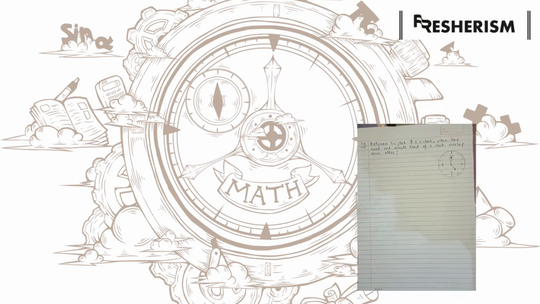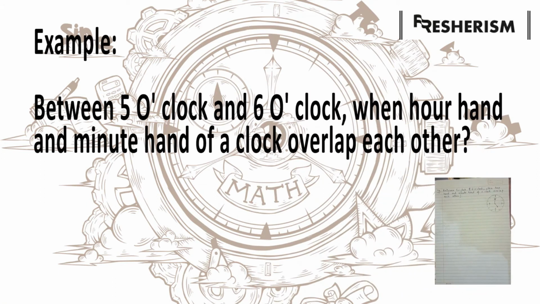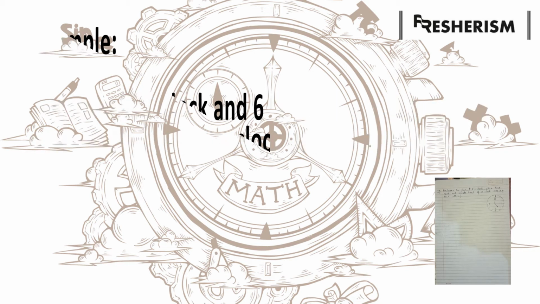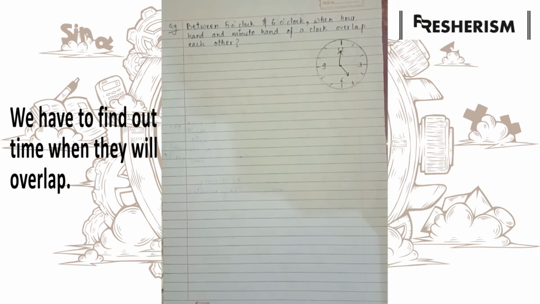Now let us do a question. Between 5 o'clock and 6 o'clock, when do the hour hand and minute hand of a clock overlap each other? So we have to find out the time when both the hands will overlap between 5 o'clock and 6 o'clock.